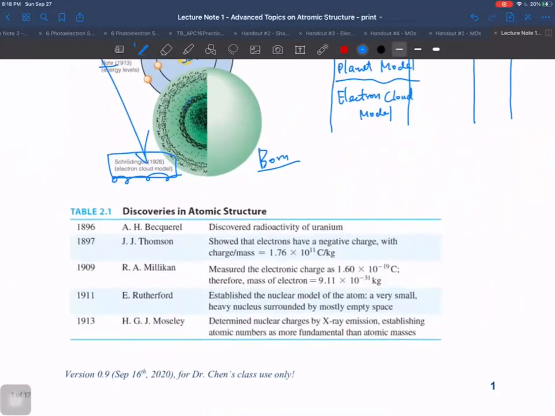And at the bottom of this page, I also listed a few important discoveries in atomic structures with the year, the scientist, and the discoveries. So you guys can also have a look.